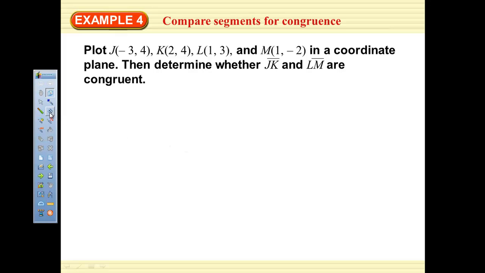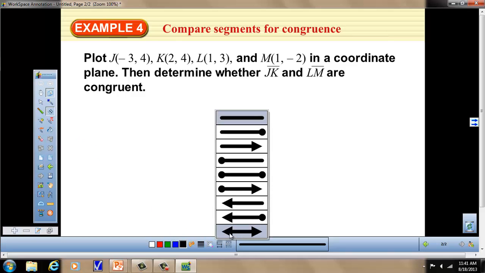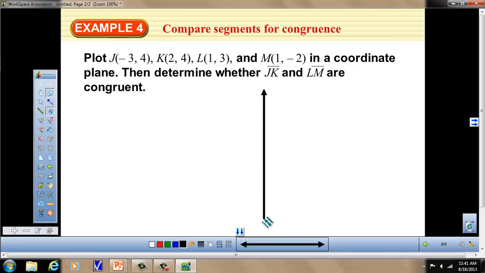Now we're going to do a question where we graph. I'm going to put a coordinate axis here and mark off 4 in each direction.